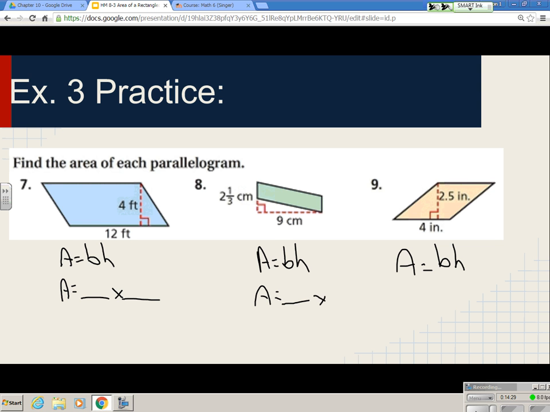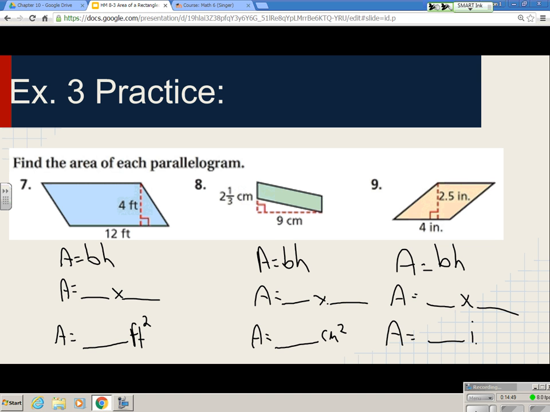You're plugging and chugging. And then just remember, you write area equals with the answer, and the first one, it's feet squared. For number 8 here, it's area equals blank centimeters squared. And the third one is area equals blank inches squared.